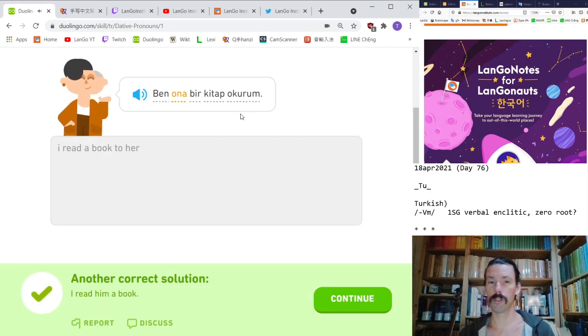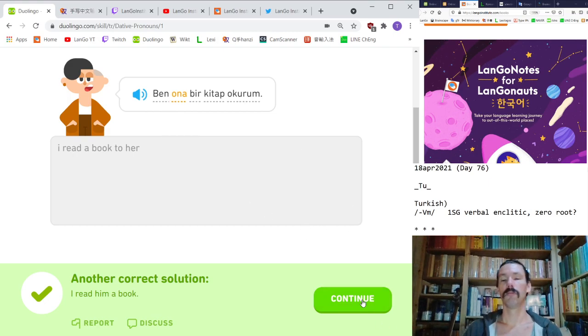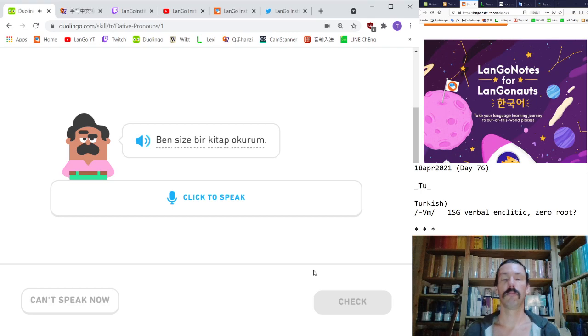The um is the agreement suffix that harmonizes with ben. I think this might have been a bem at an earlier stage. Ben size bir kitap okurum. Ben size, I to you plural, read a book.